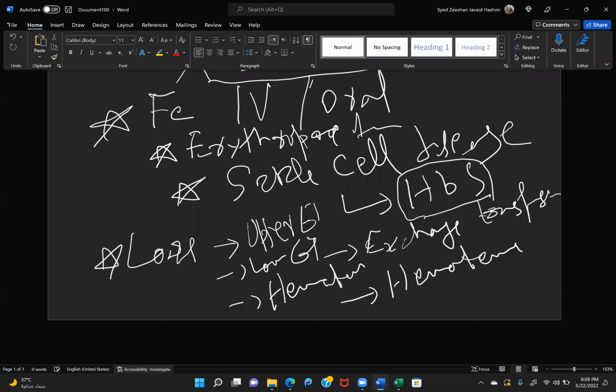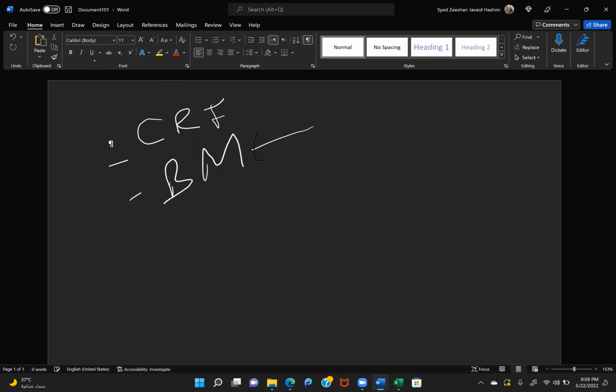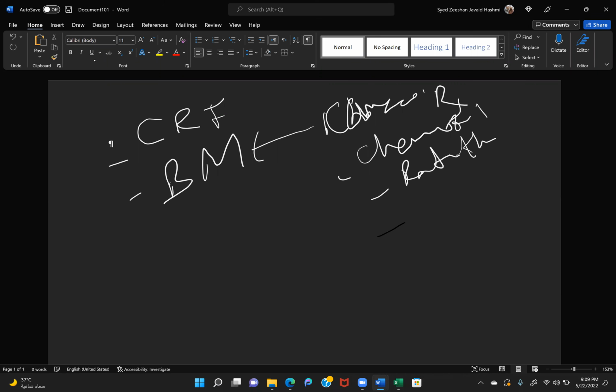One thing is usually not in your control, which occurs in CRF, or any cause with bone marrow suppression because of cancer treatment, like chemotherapy, radiotherapy, or the cancer itself.